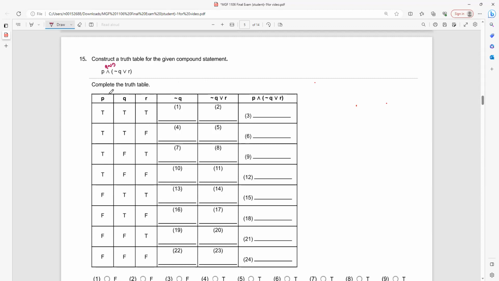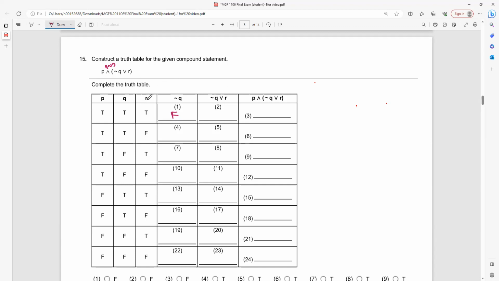So if P is true, Q is true, this first row, and R is true, would not Q be true? And that won't be, because we've already said Q is true, therefore it can't also be false at the same time. Now going across that category, that first row here, not Q was not true, but it says or R. So R was true.